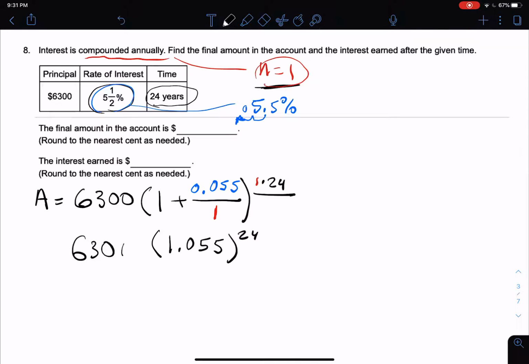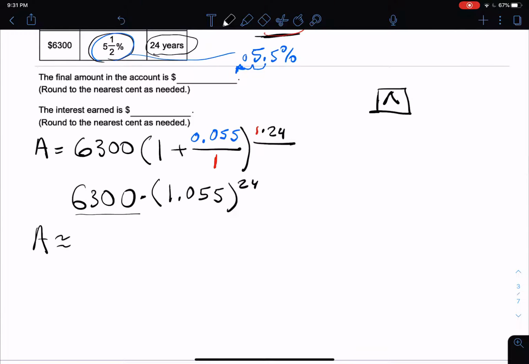Now you really definitely need to have that exponential button, like I just talked about in the last problem, maybe a caret or whatever. We need to type in 1.055 raised to the 24th power, enter, then multiply it by 6,300, and we get this accumulated amount. And actually in this problem, I showed a little more detail just in case you're struggling with the calculator.